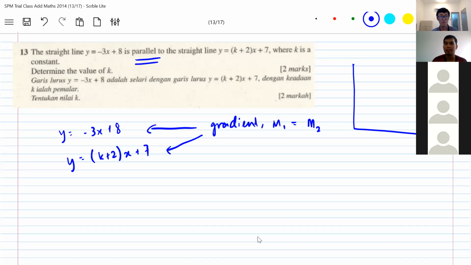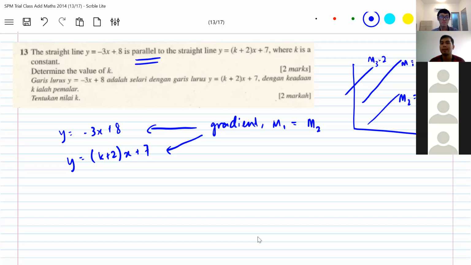That means on a straight line, right, to illustrate that, if the gradient of this is 2, say, M1 is equals to 2, a parallel line means that it is in the same line that will never meet each other. But it's a straight line. If you draw a ruler next to each other, they're actually the same direction, right? It can be here or it can be here, but whatever it is, the gradient must be also equals to 2.